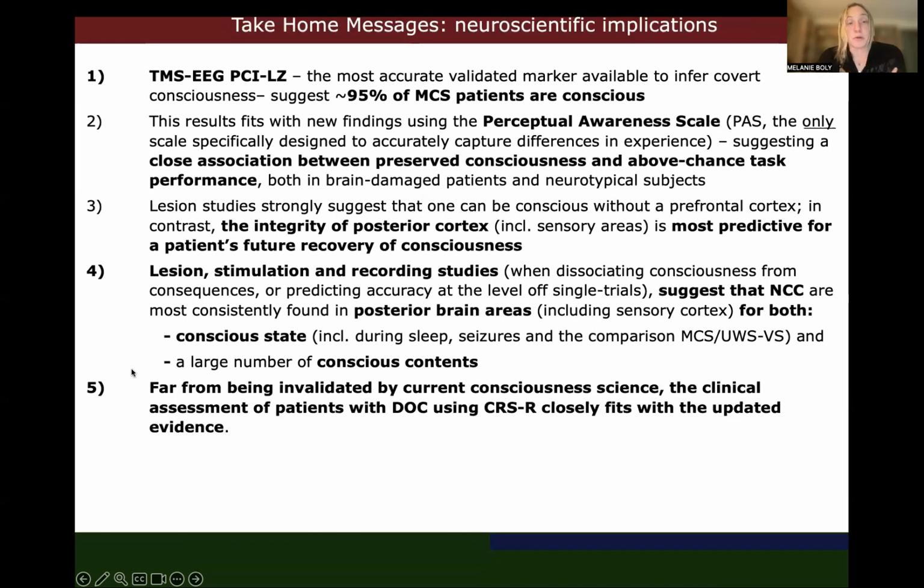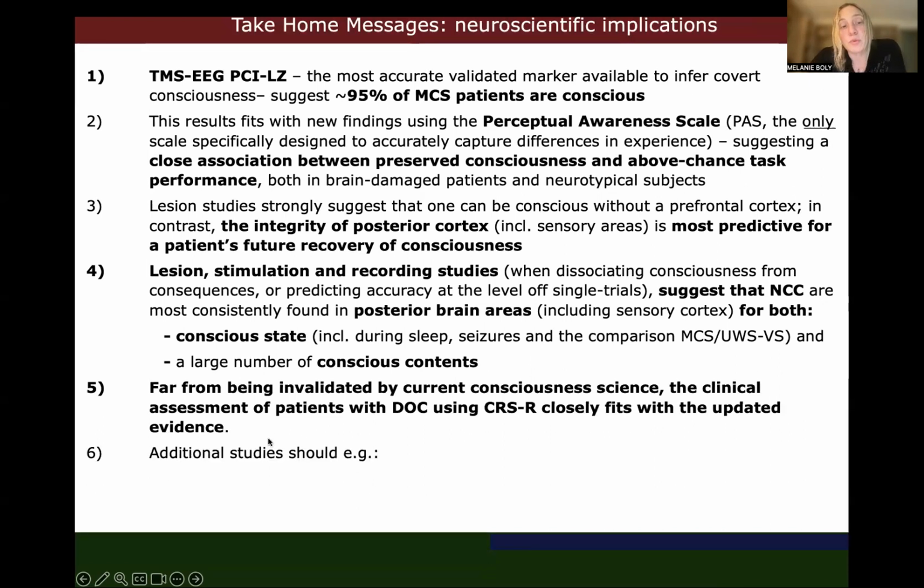And so importantly, far from being invalidated by current consciousness science, the clinical assessment of patients with disorders of consciousness using behavior, using the Coma Recovery Scale for purposeful behaviors, is actually closely matching updated evidence about consciousness science in general.